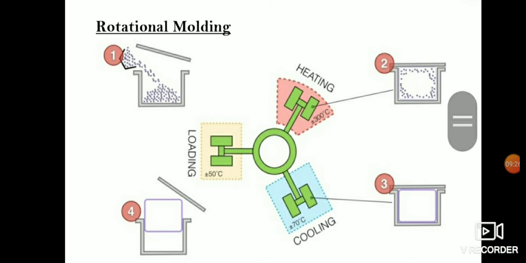Both molds and machines are simple and relatively low cost. It is a low pressure process that allows thin wall, low strength molds to be used. Small production runs can be cost effective.